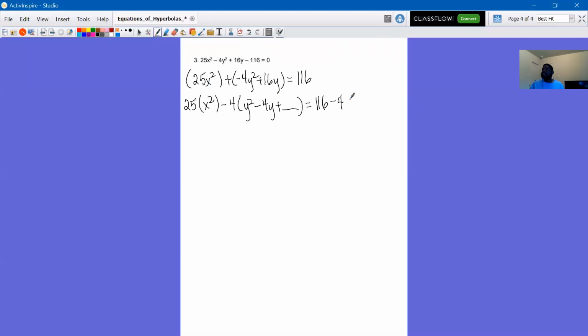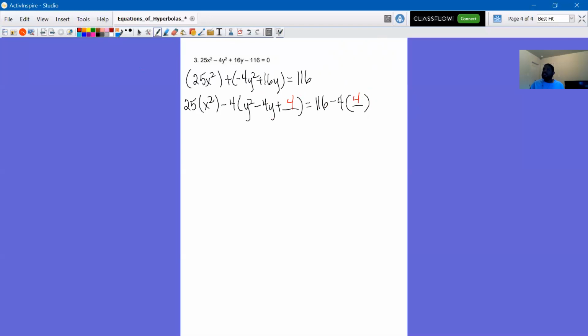You're going to notice here I only have one blank, because this x squared term is all that's here. So we don't have to worry about trying to complete the square on x squared because it's already squared. So we're good there. When we complete the square, we're going to get 4 here and 4 here.